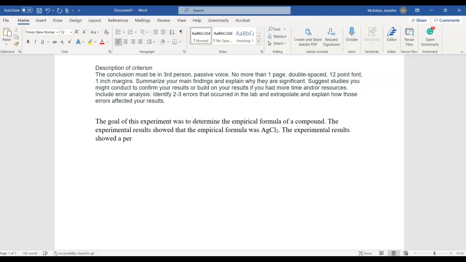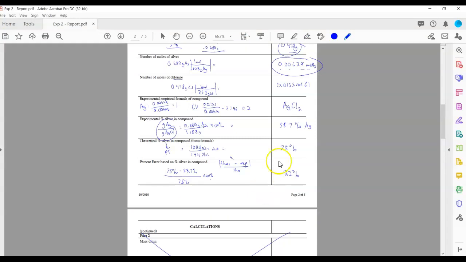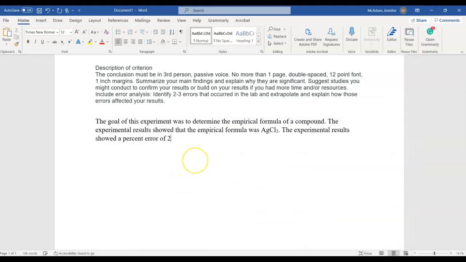Showed a percent error of, and then whatever your percent error was. I think I just have mine here still. So my percent error was 22%. My sig figs aren't correct here, FYI, so you should not have the same number of sig figs.